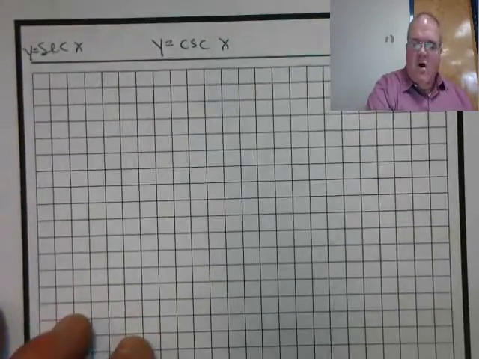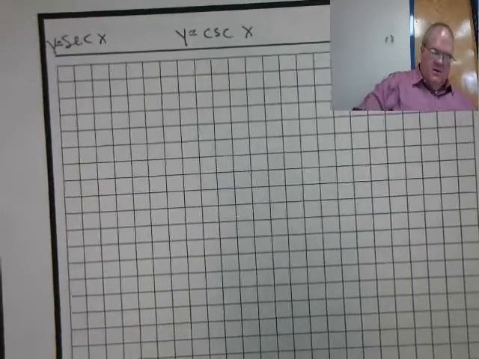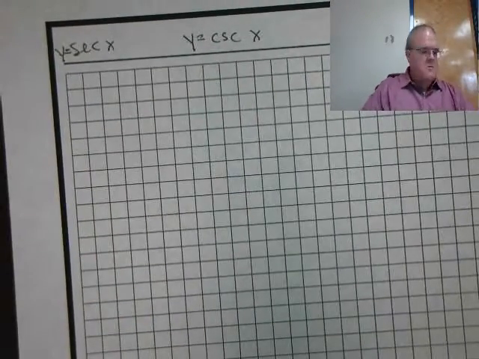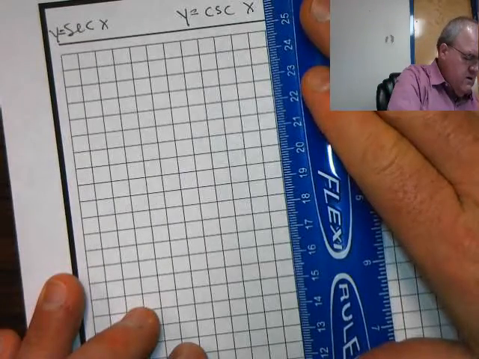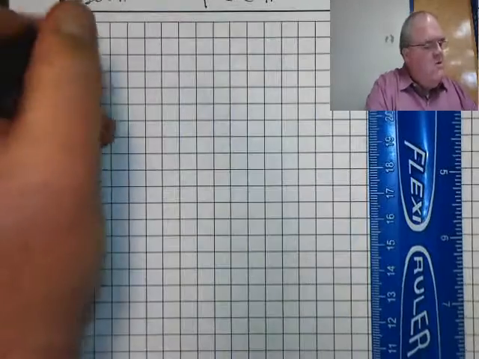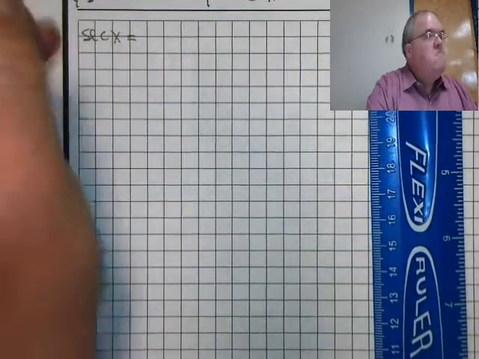All right. So the first thing we need to realize is that when we look at secant, what does secant of x equal?